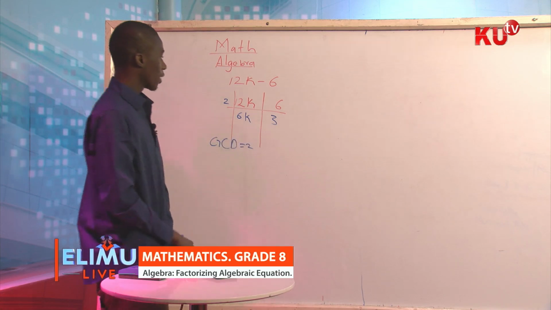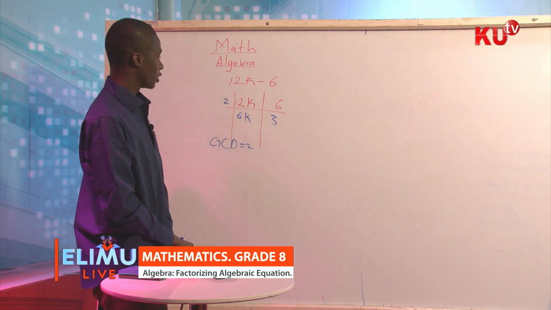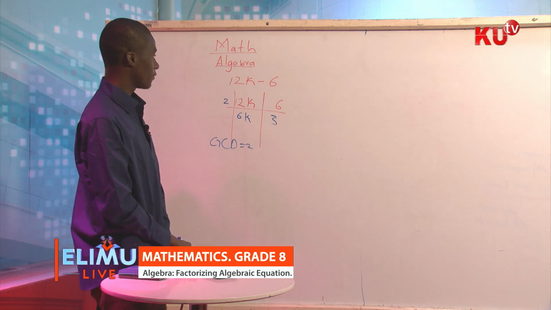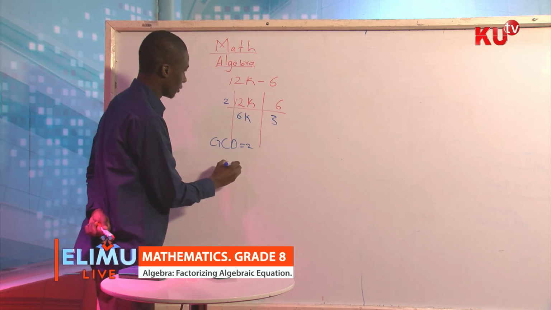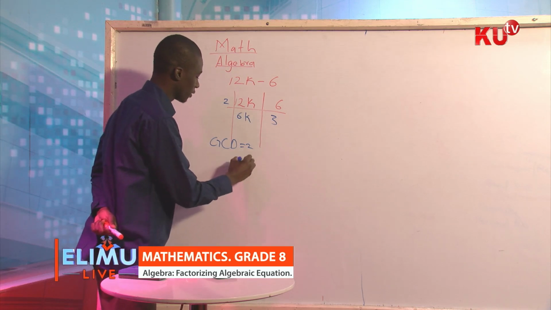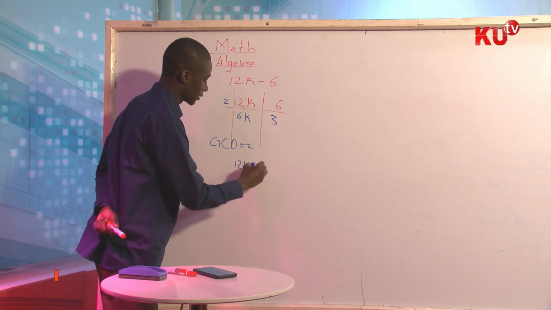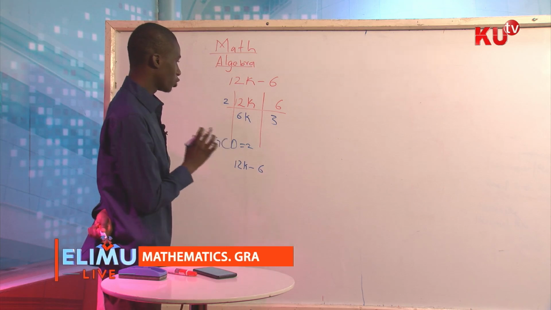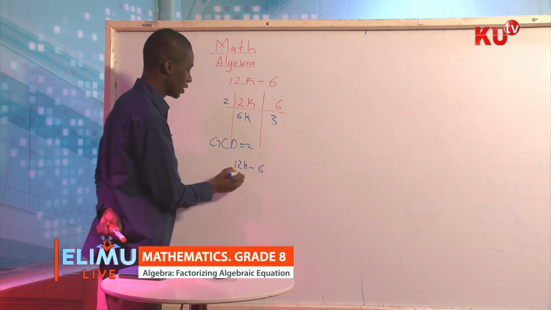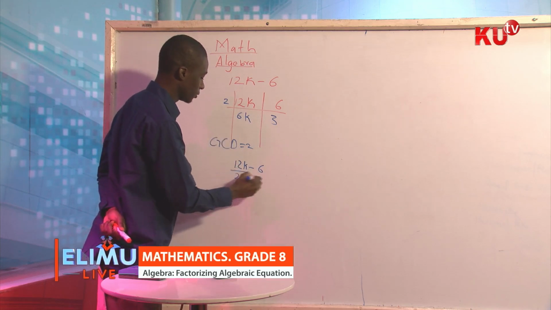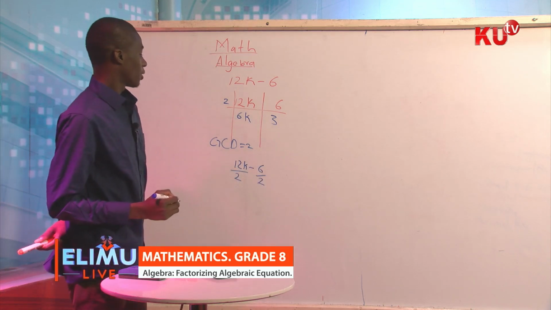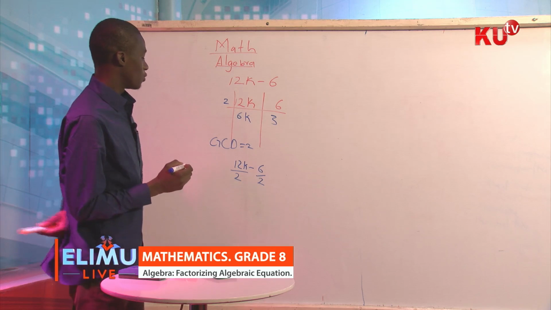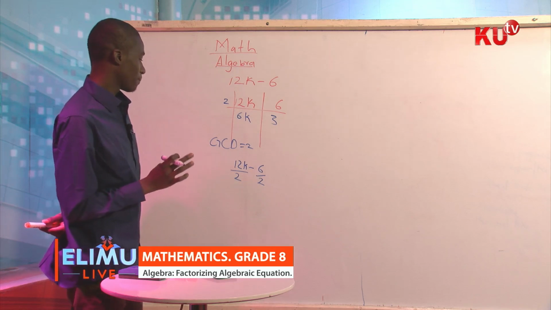So we take our GCD as 2. Once you've obtained your GCD, the next thing is to divide every term in your expression by the GCD. Initially, our expression was 12k minus 6. We divide both terms by the GCD, which is 2, and we also multiply everything by the GCD.